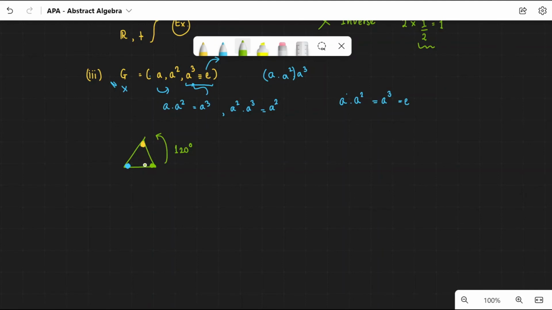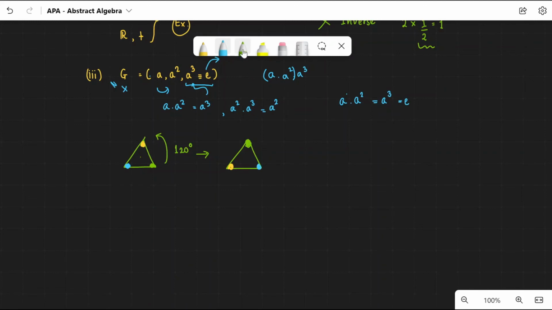so we are rotating about its center, and that will give us the same triangle, but these colored vertices will change their position now. So the green one will go here, yellow will be here, and then the blue one will be here.